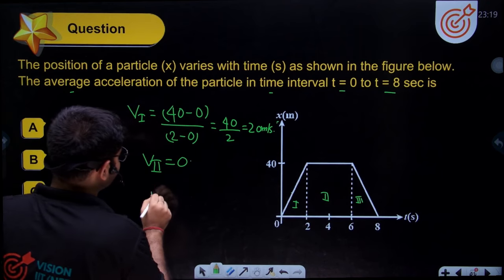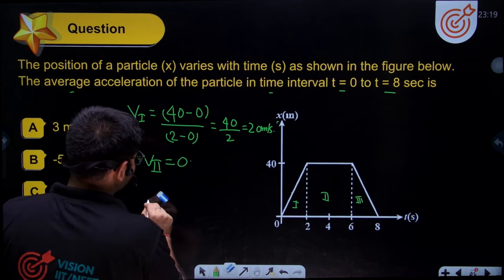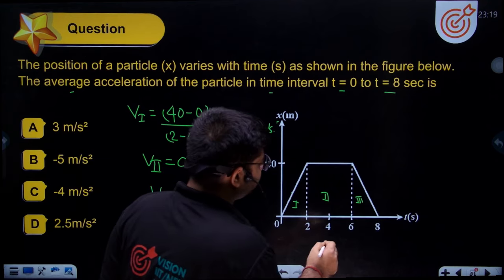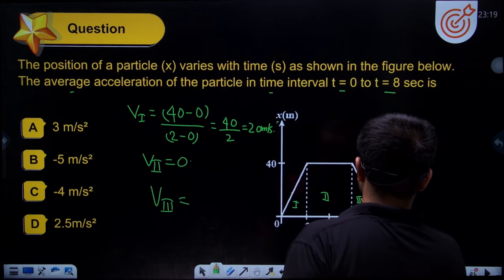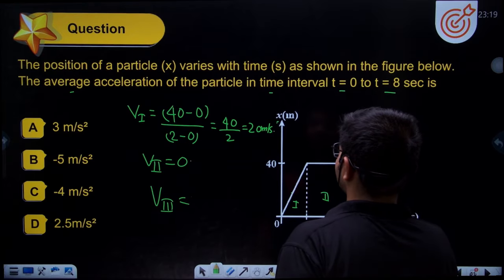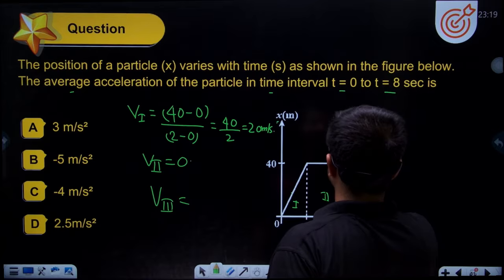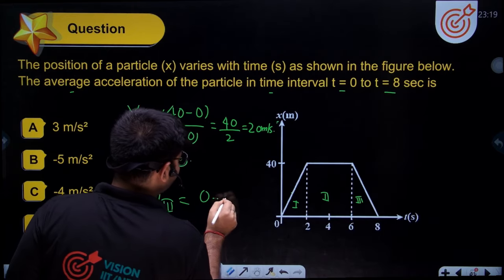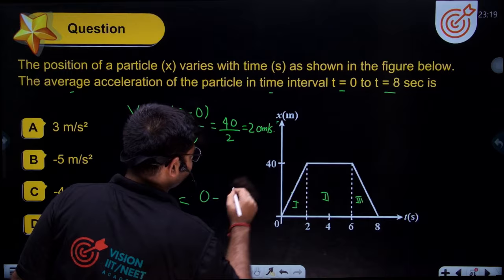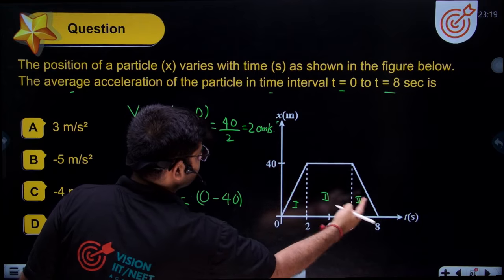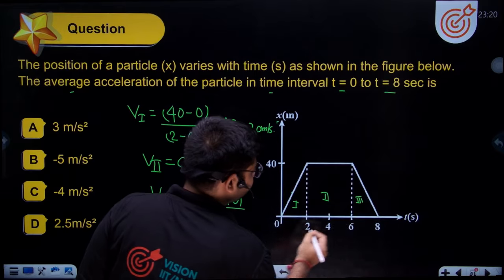And V3 you can write, what is happening in V3? In V3 the velocity is negative. And how much is it? 0 minus 40. From 40 it is becoming 0, that is the displacement, divided by what is the time?